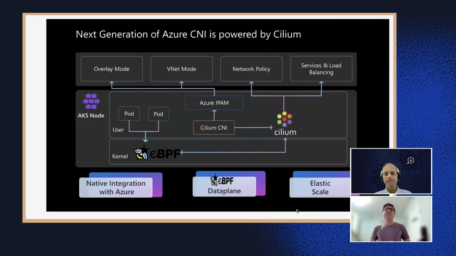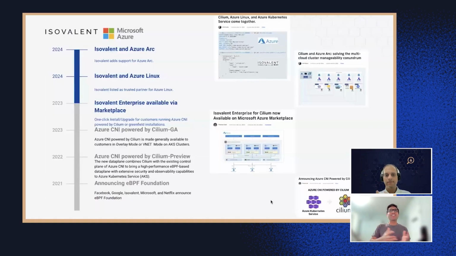So let's look into our journey of how this has been going. We started on this in 2021, where we announced the eBPF Foundation. We realized the potential eBPF has in changing the landscape of how networking, observability, and security have to be shaped. We continued this journey in 2022 when we said the next generation of Azure CNI is going to be powered by Cilium, and we announced general availability in Azure in 2023.